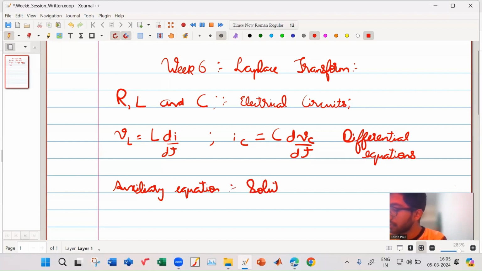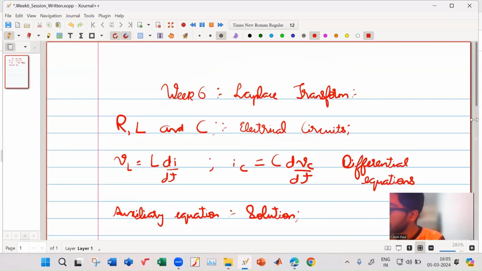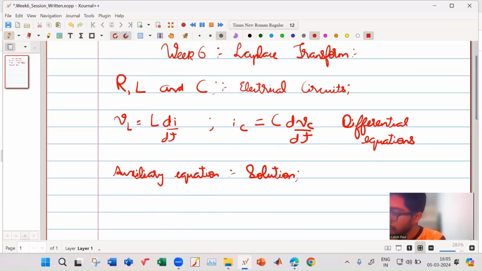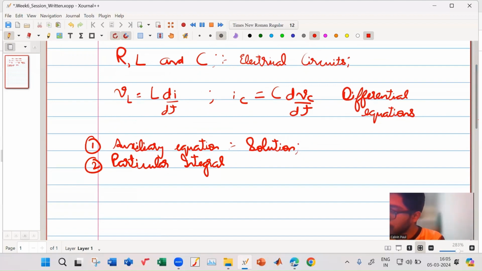Then we have to find the particular integral. Our solution is the combination of the auxiliary equation solution plus our particular integral.